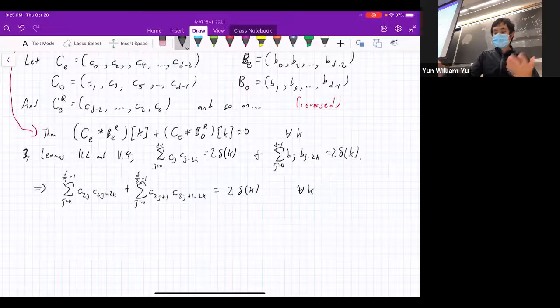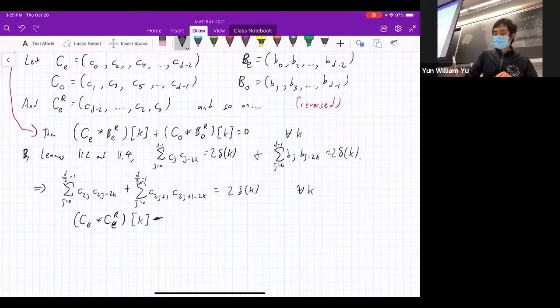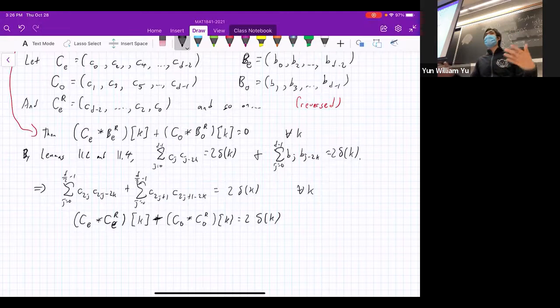And of course, you can rewrite this in the same exact way. So this implies that C even convolved with C even reversed, plus C odd convolved with C odd reversed, is equal to 2 delta of k. You can drop the k since we're thinking about these as functions right now. And you really see now that we're using the delta function as a function.